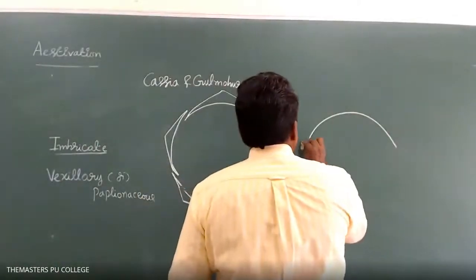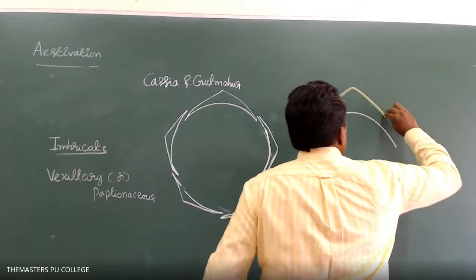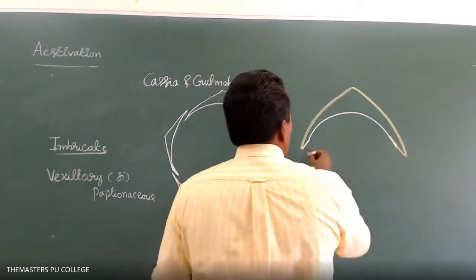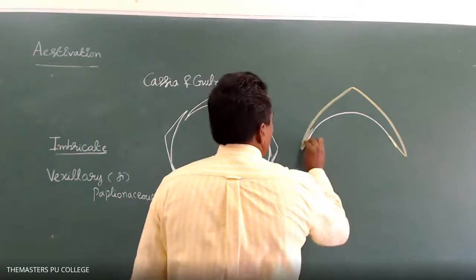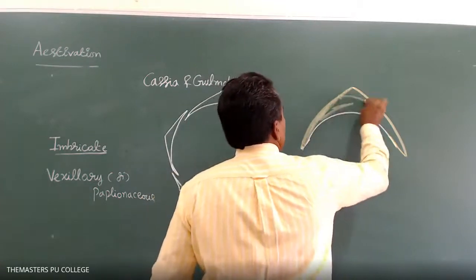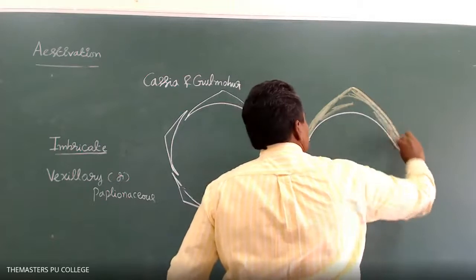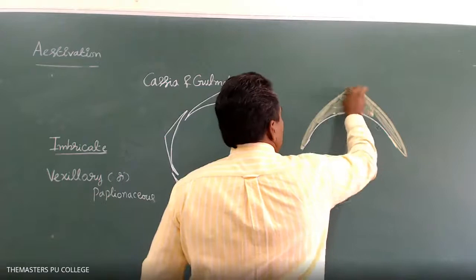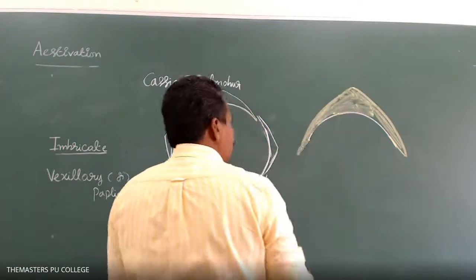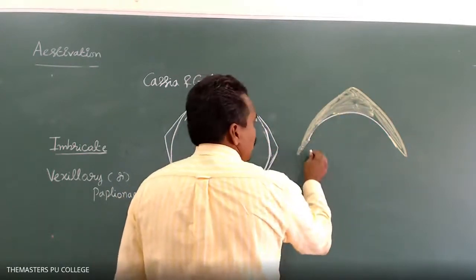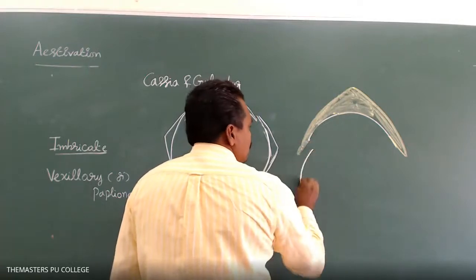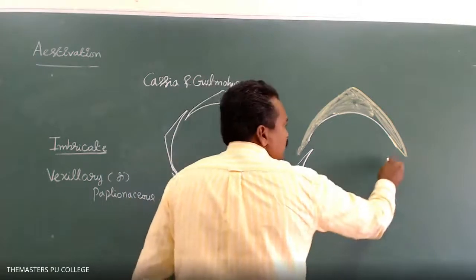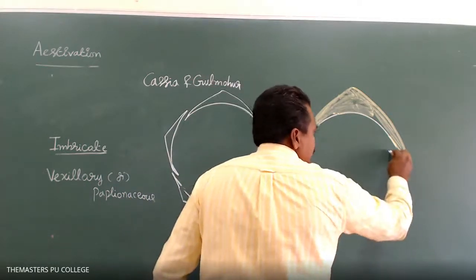In vexillary estivation, one of the petals is large in size. The edges of the large petal overlap the two lateral petals.